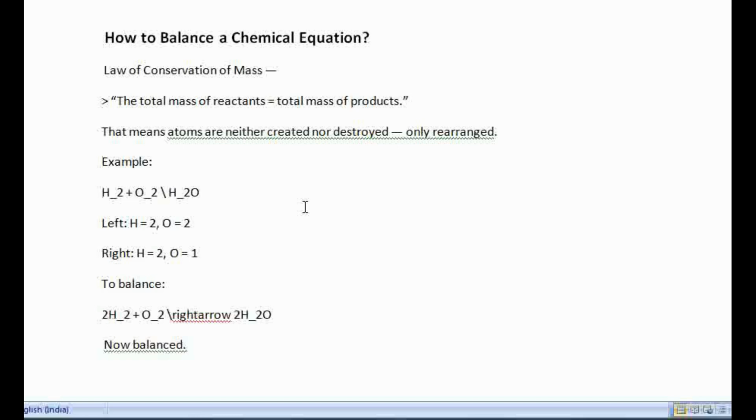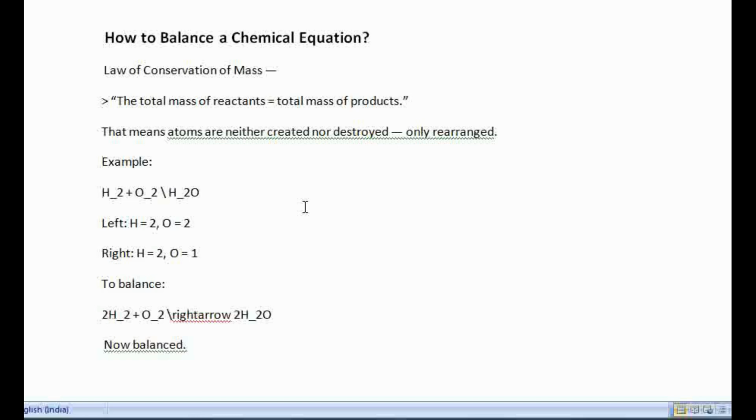For example, on the screen you can't see the equation clearly because my system will not allow that type of equation, so listen to me. H2, the subscript 2, you should write at the bottom of the H. So H2 plus O2 gives H2O. On the left side, H means hydrogen, so hydrogen has 2 atoms and O also has 2.